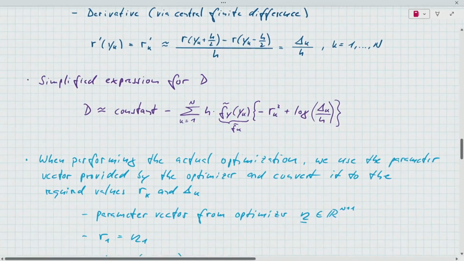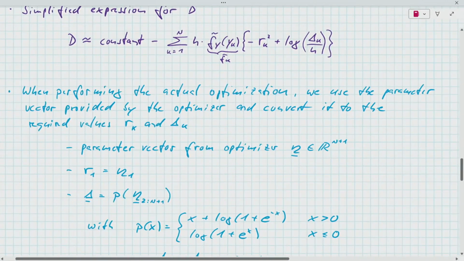Okay, when we now perform the actual optimization, we use the parameter vector provided by the optimizer, and then convert it to the required values of r k and delta k.